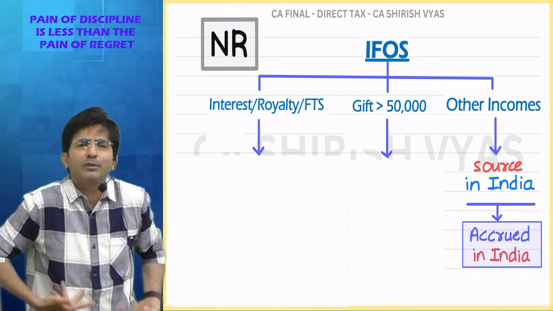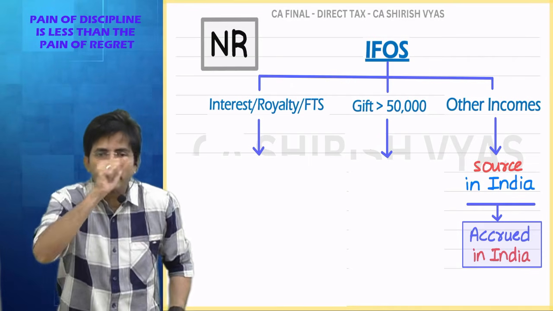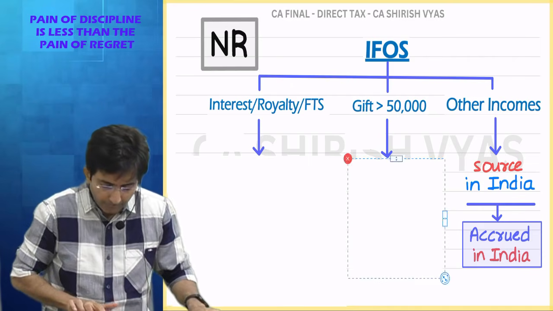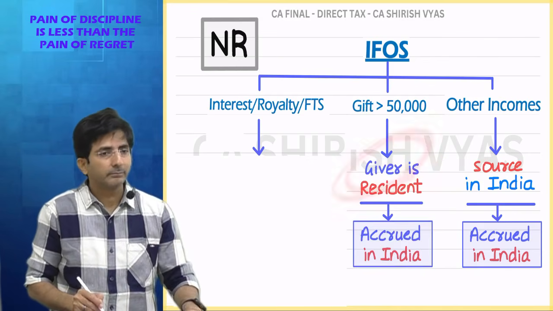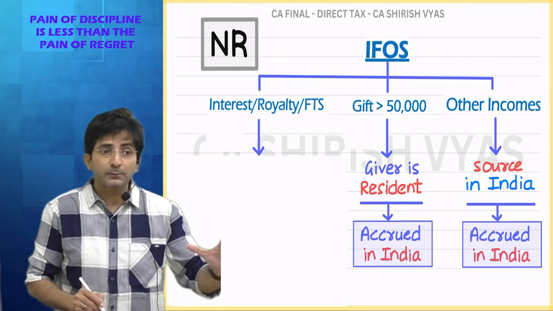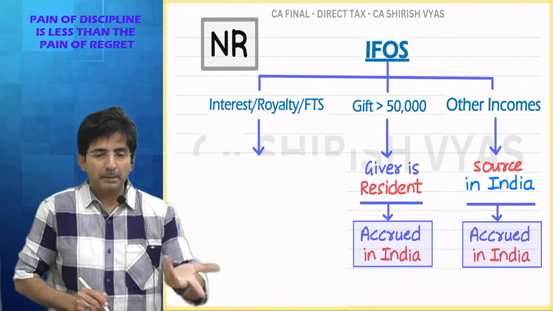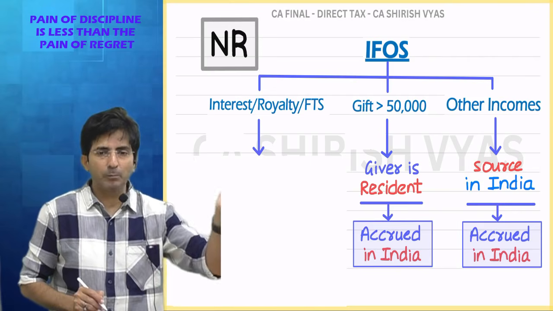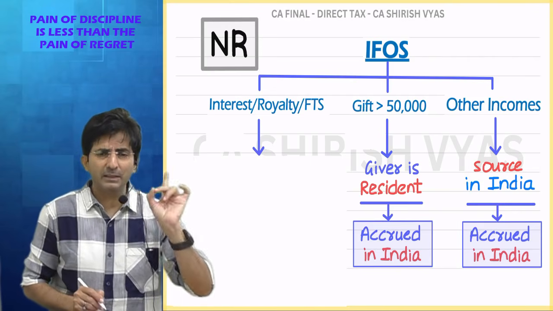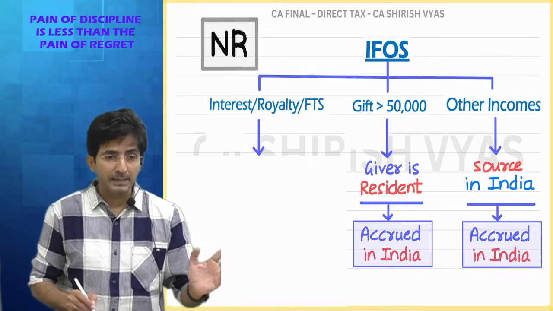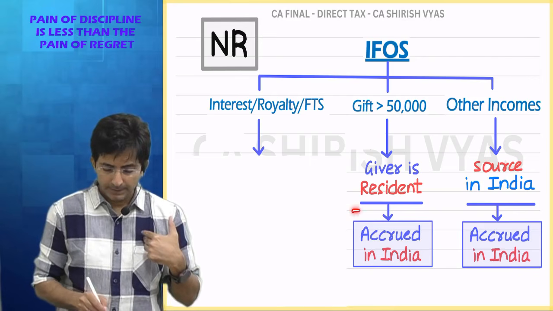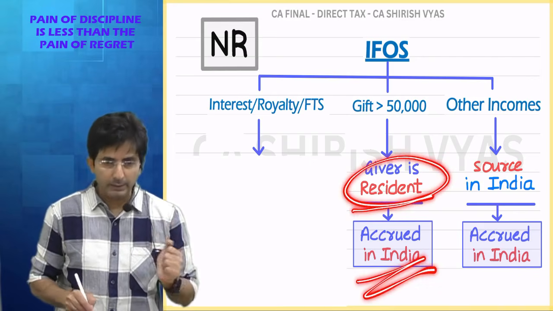He is a resident of India. So the gift has accrued in India. In short, we have to check the giver, not the place where gifting happened. So in my example, the gifting place was Singapore, but that is irrelevant. What is relevant? Status of the giver. In my example, the giver was Shirish, and if the giver is resident, income is accrued in India.